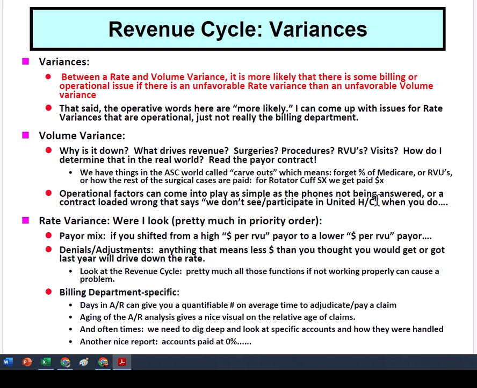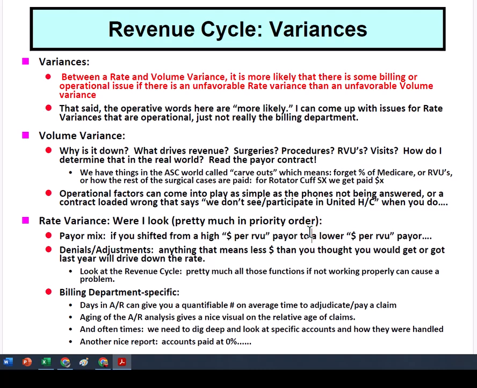Don't ask me. We had a grid which said who we participated with, so eventually it surfaced. Why would you say we don't participate in United Healthcare when you have a grid that says we do? Welcome to management.